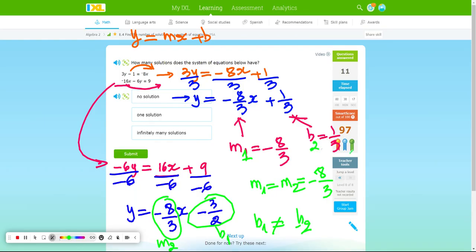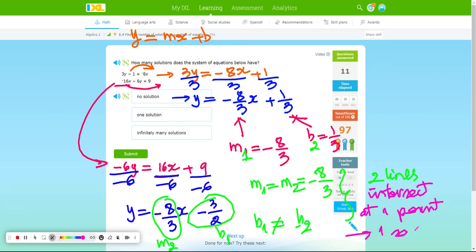So therefore, two lines intersect at one point. So it means one solution. Ooh, what did I say?